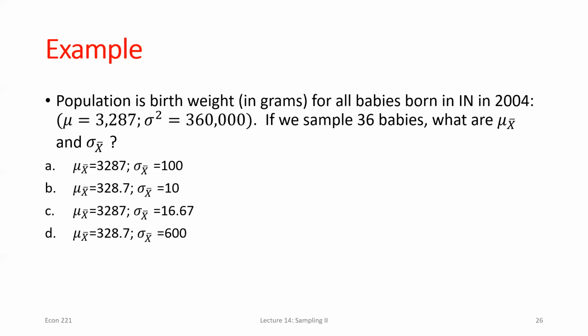Here I'm taking 36 births, that's my random sample, so my sample size is 36. My mean of my sample means should just be the mean of the original data, 3,287. So I know it's either the A or C. And then from there, what's the standard deviation? Well, if the variance was 10,000, the standard deviation should just be the square root of that, or 100. Okay.